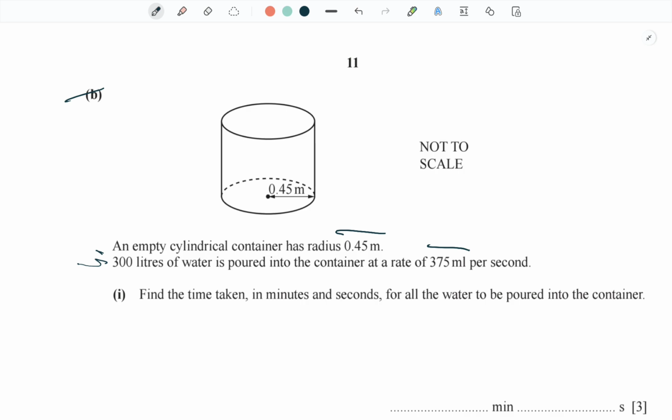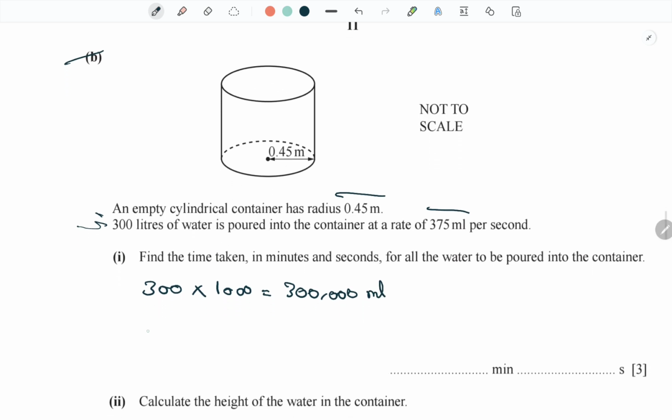We know that 1 liter equals 1000 ml, so we multiply 300 liters by 1000 and get 300,000 milliliters.